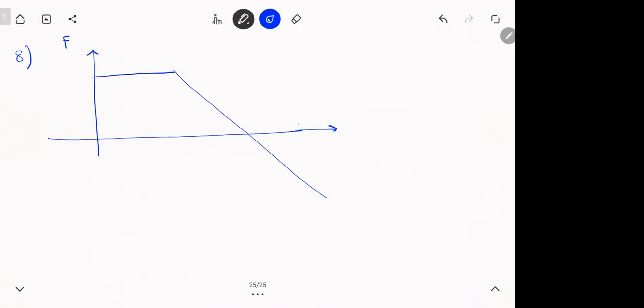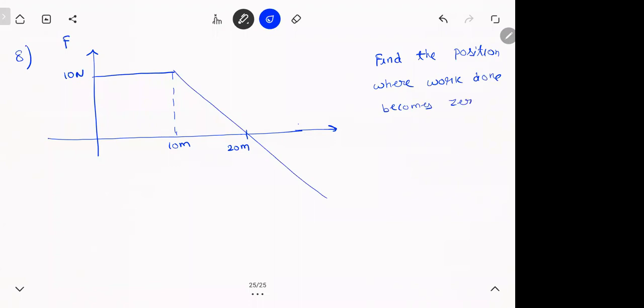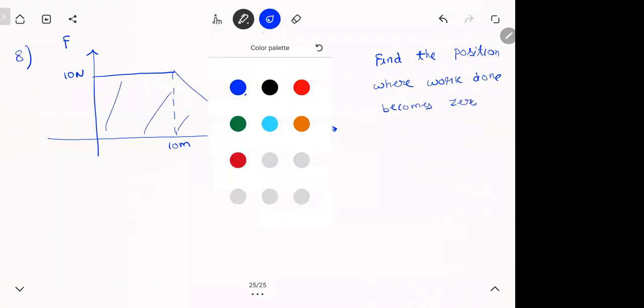So we have an F-x graph. This was 10 newtons. This was 10 meters and this was 20 meters. Find the position where the work done becomes 0. Meaning, if you see now, this is positive area.